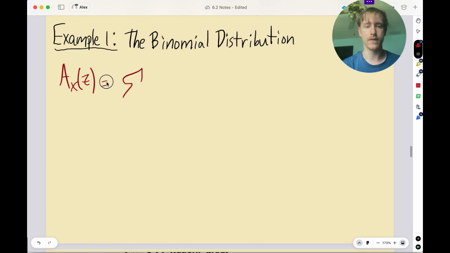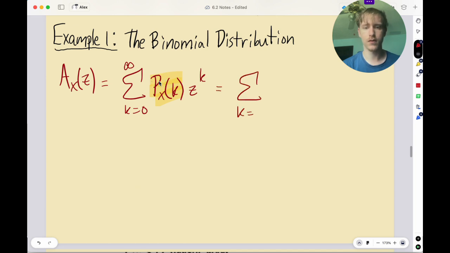So it's going to be the infinite sum from k equals 0 to infinity of the PDF times z to the k. Okay, but the PDF of a binomial distribution, if you'll recall, we had those binomial coefficients, right?